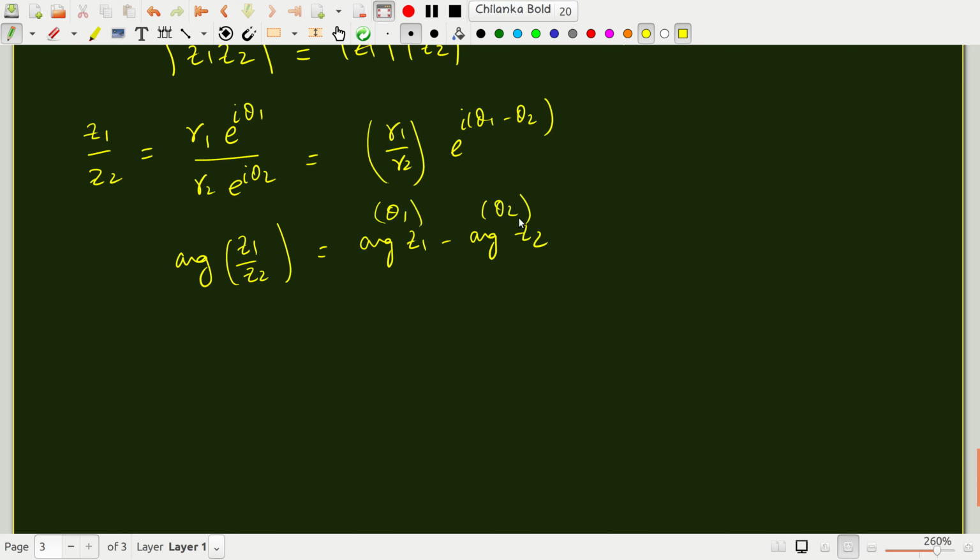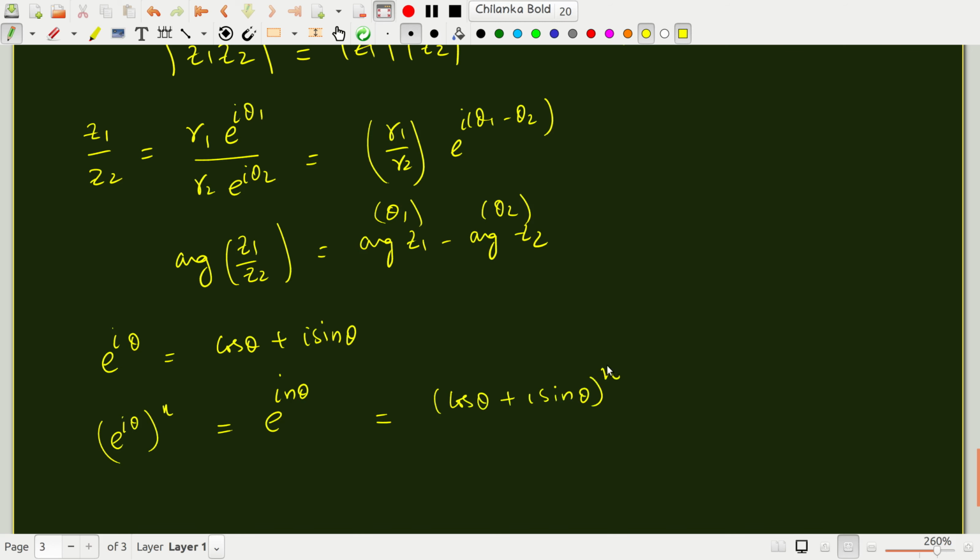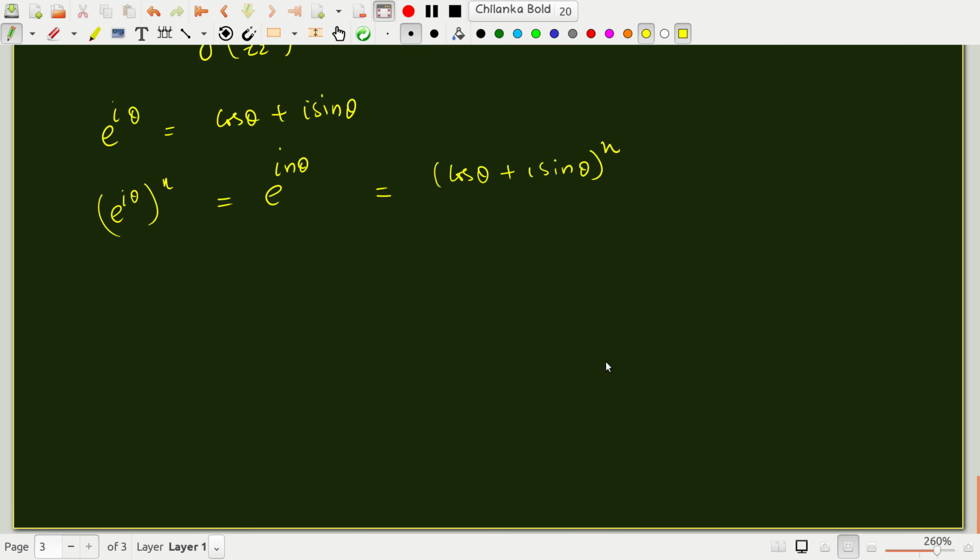Now, e to the i theta is cos theta plus i sin theta. What is (e to the i theta) whole to the n? This is nothing but e to the i n theta. If I raise this to the n, you will get (cos theta plus i sin theta) whole to the n. But what is e to the i n theta by de Moivre's formula?